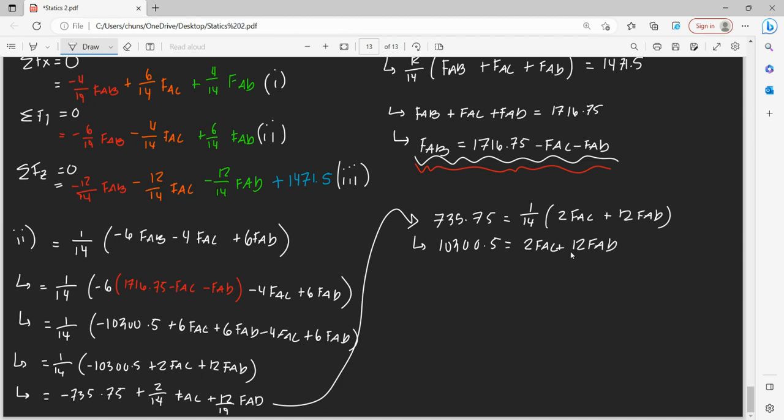I could have just used that step. I'm not really sure why I didn't. Okay. So now I can do this. Minus 2 FAC over 12 equals FAD.